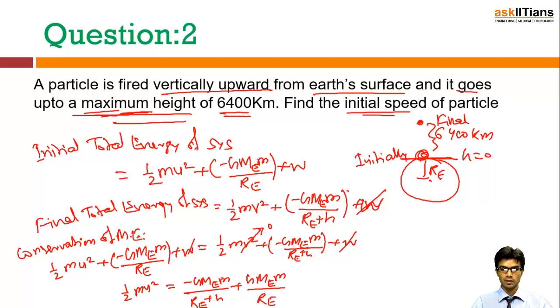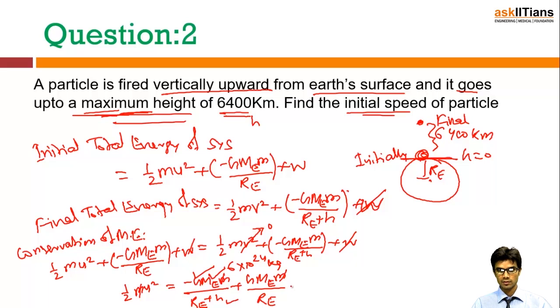Now we can cancel m, and we know the mass of the Earth is 6 into 10 to the power 24 kg. We already know G, and H is 6400 kilometers, so put 6400 into 10 to the power 3.